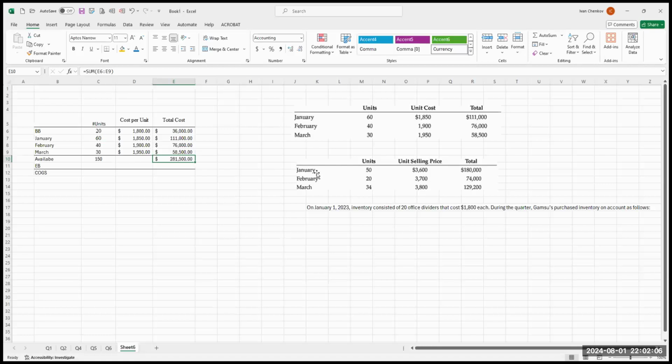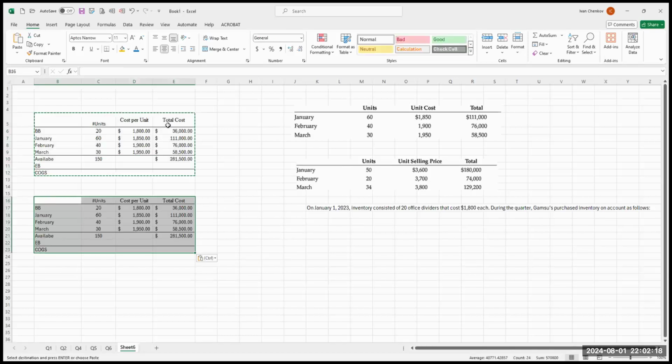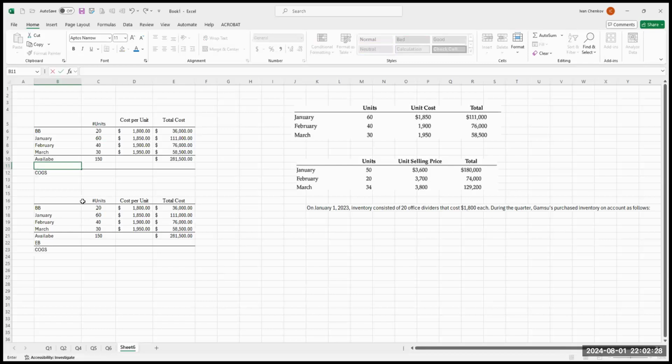Now, what we have to find out is how many units we sold. This is the second calculation, for the units sold, in order to get the cost of the units that we sold. Since we're chasing the ending balance, first we're going to see how many units we have in our ending balance.